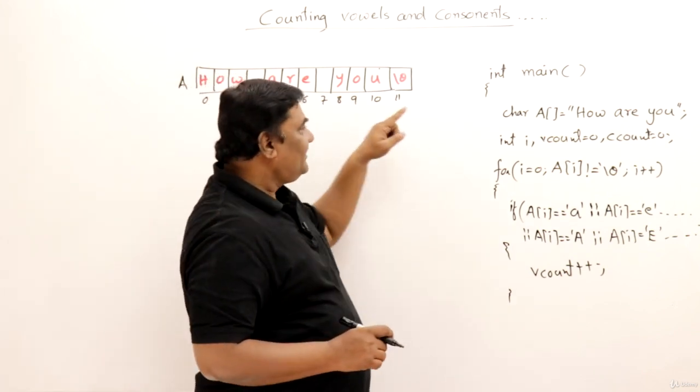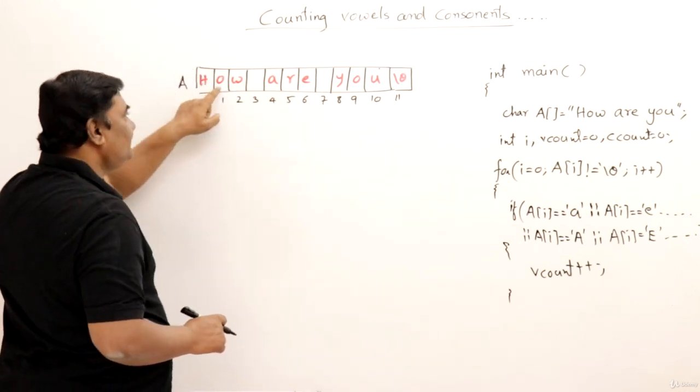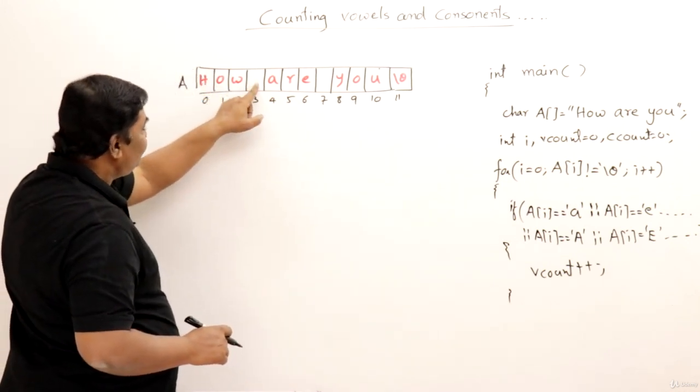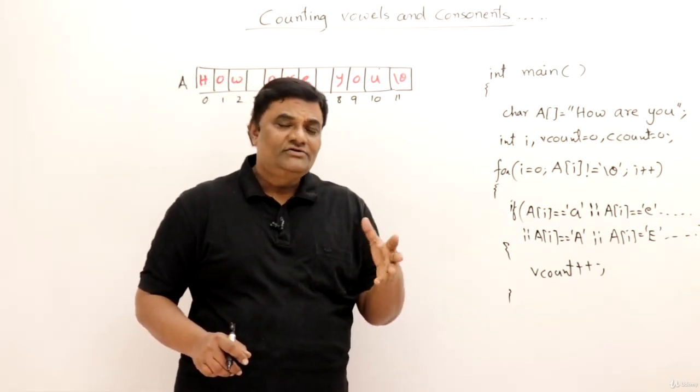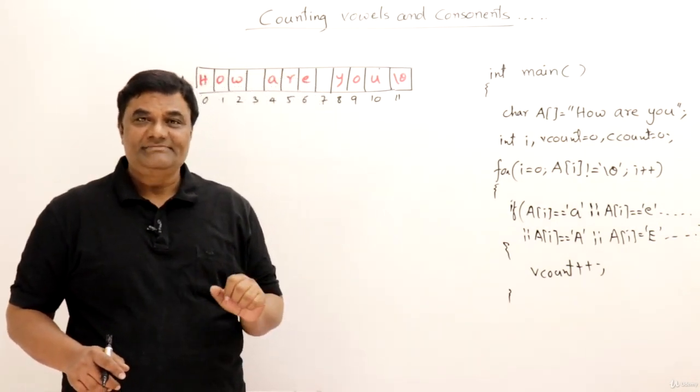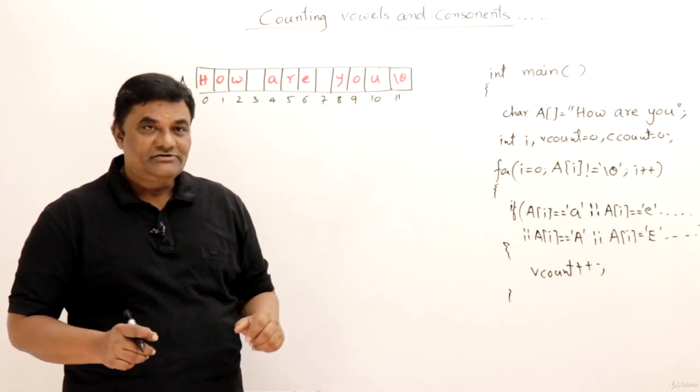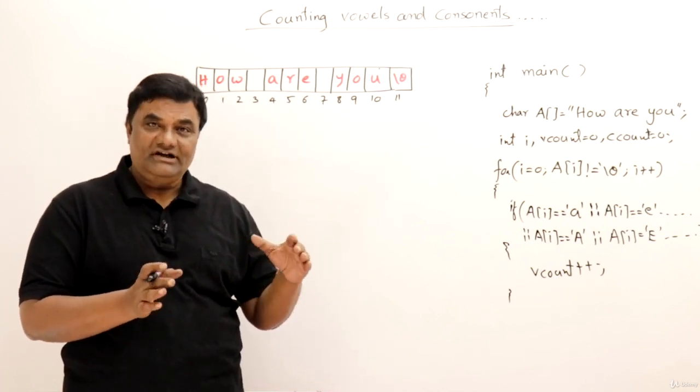Otherwise, see, if it is not a vowel, right? This is not a vowel, this is a vowel, this is not a vowel, this is not a vowel, so spaces will also be counted. So I should not take any special characters or spaces, I should take only alphabets. So make sure that it is within the range of alphabets.